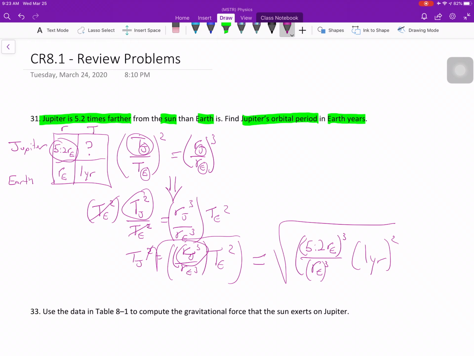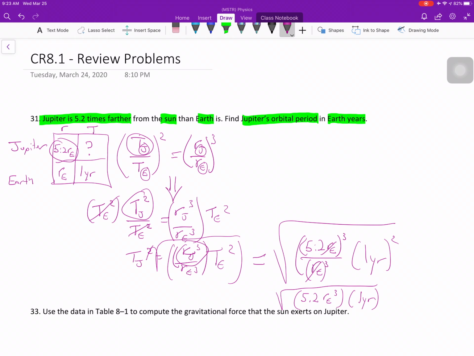Well, we can actually reduce this down because since we have a radius of Earth over here and a radius of Earth over here, they subtract out or cancel out. And so now we have the reduced formula of 5.2 radius of Earth quantity cubed times 1 year cubed, which we know is just simply 1 year.